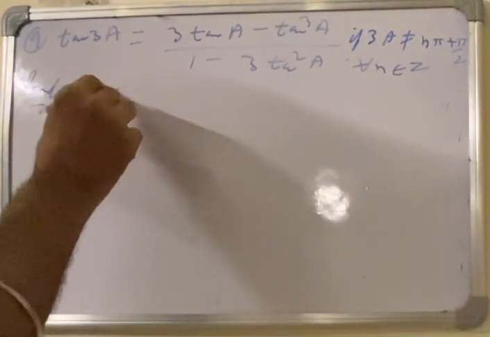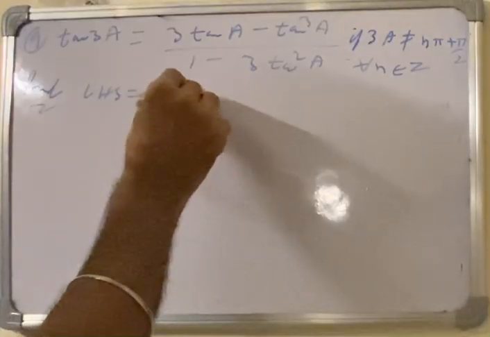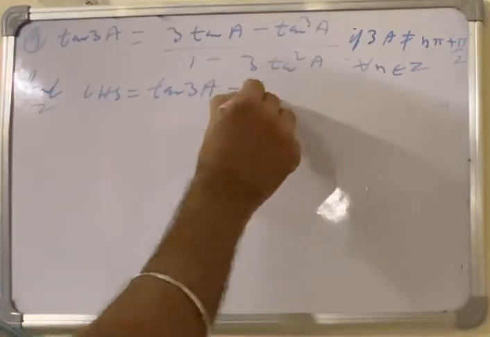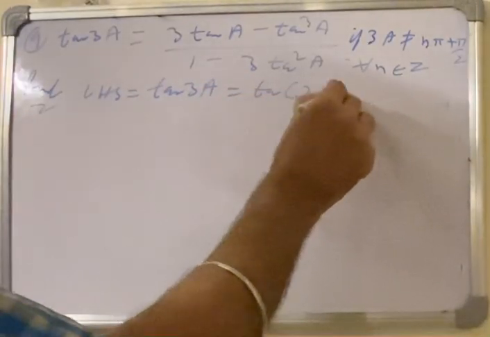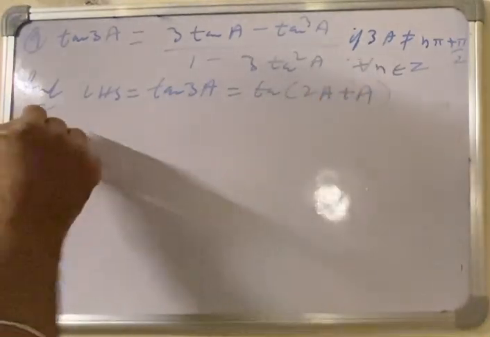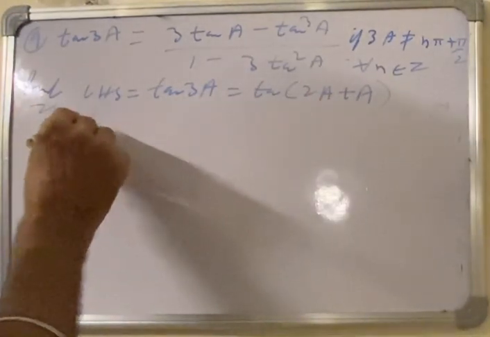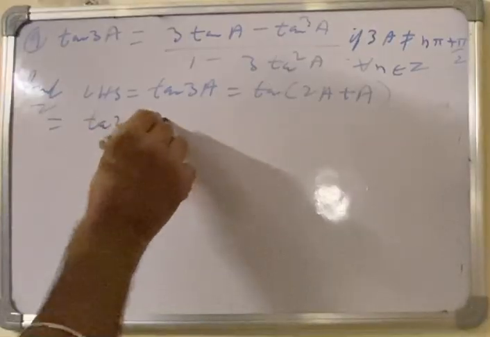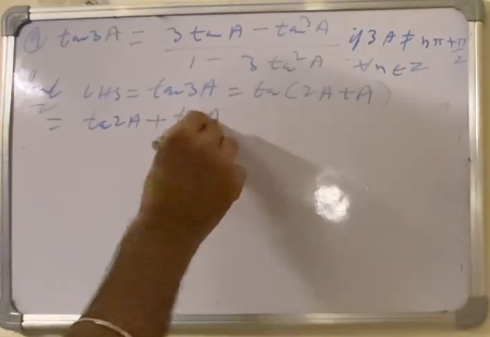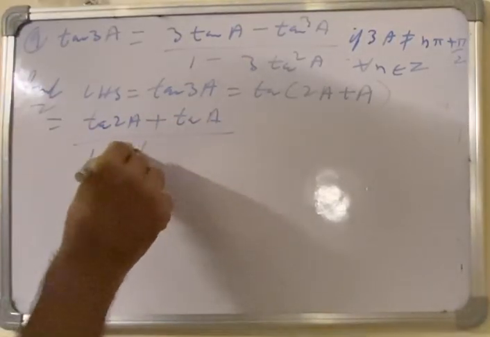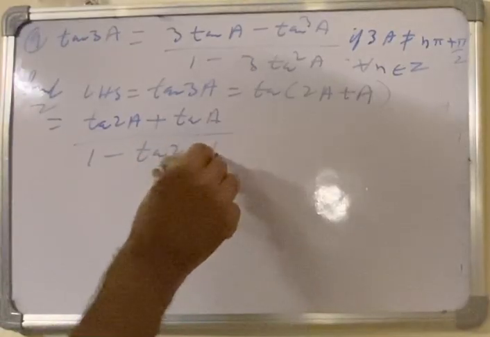Proof, left hand side tan 3a is equal to tan 2a plus a. This is equal to tan 2a plus tan a over 1 minus tan 2a tan a.